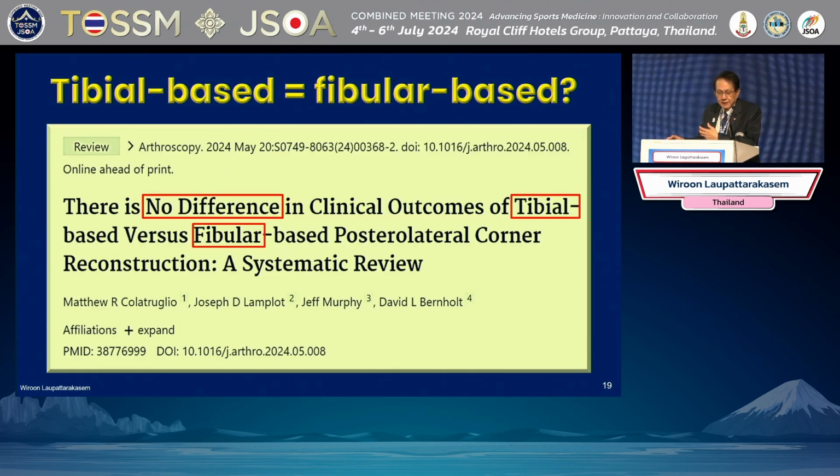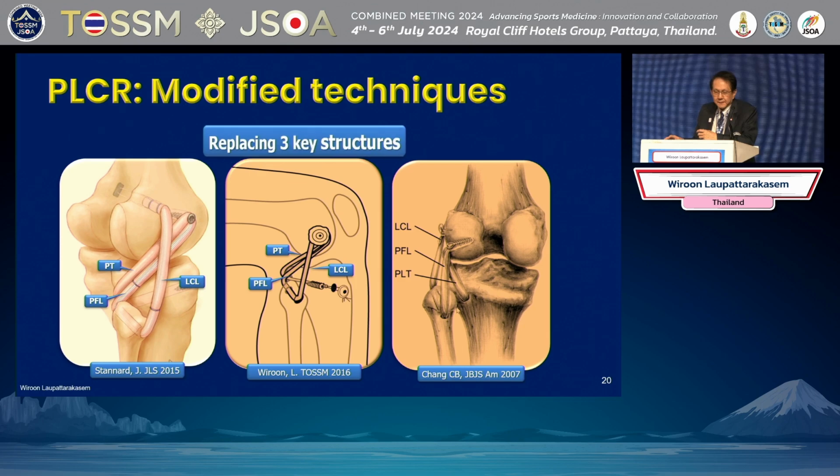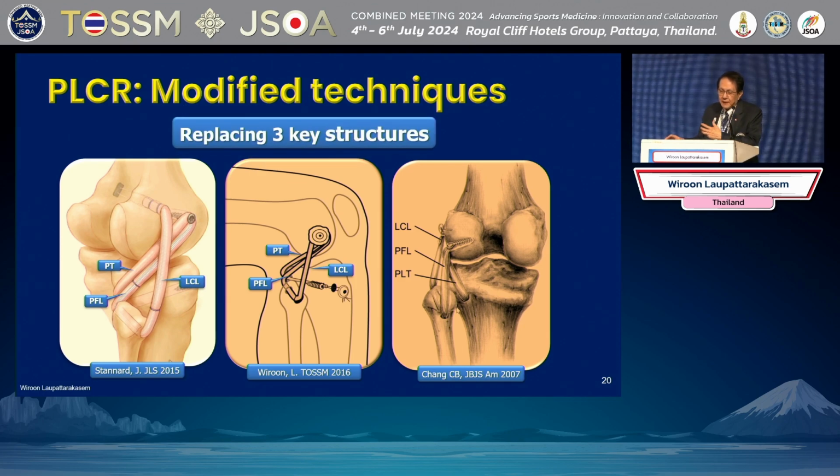And a systematic review says there is no difference in clinical outcome of tibial-based versus fibular-based posterolateral corner reconstruction. Anyway, there are so many types of reconstruction techniques that we cannot say which one is best.